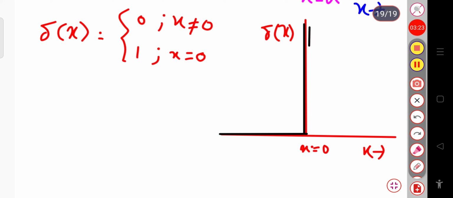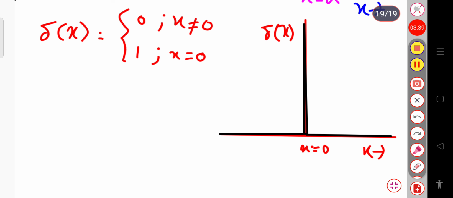Similarly for the right hand side, I can represent this line very close to the x-axis, that is, at x equal to 0 its value is 1, and at every other point its value will be equal to 0.